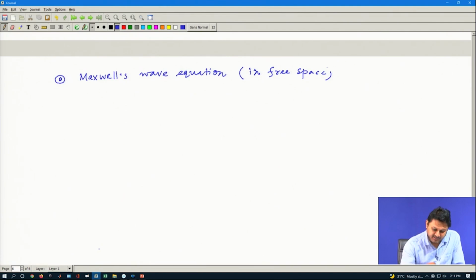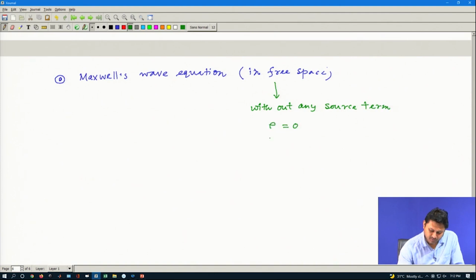So, in free space means eventually without any source term. That means rho is equal to 0 and j is also equal to 0.